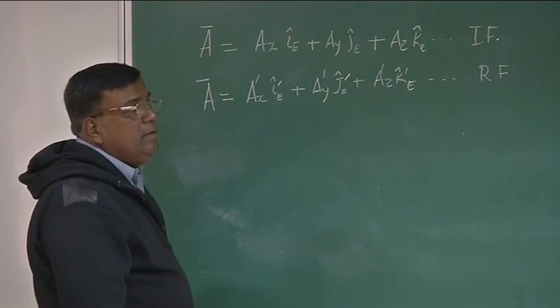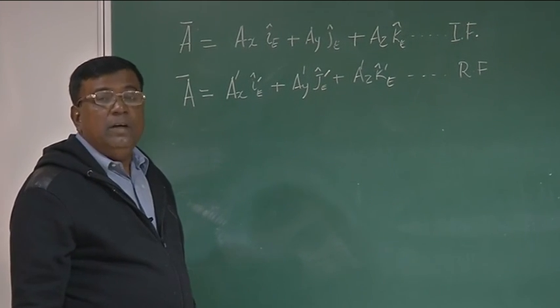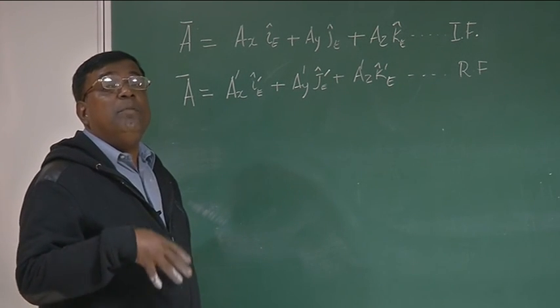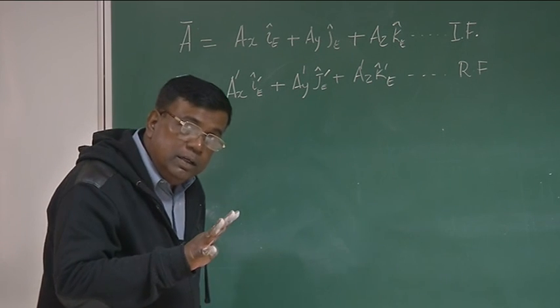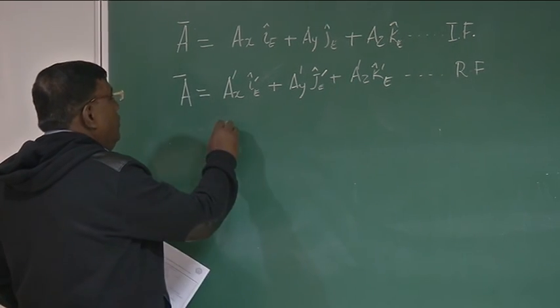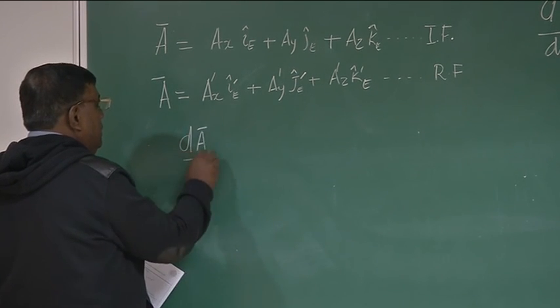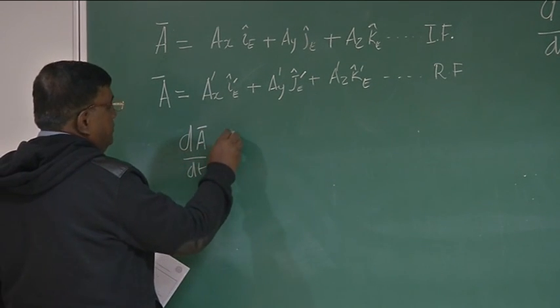Rotating frame for our case is the body frame, which is an example of rotating frame, because as the body moves, the rotating frame, which is a body fixed frame, will also rotate. So let us see how I differentiate dA by dt using body frame.